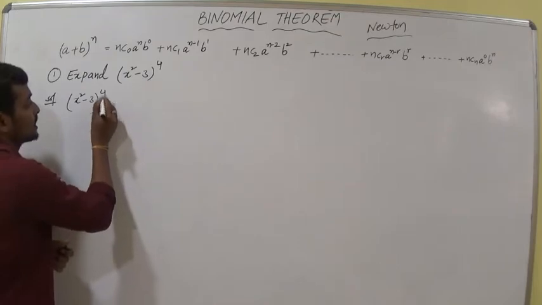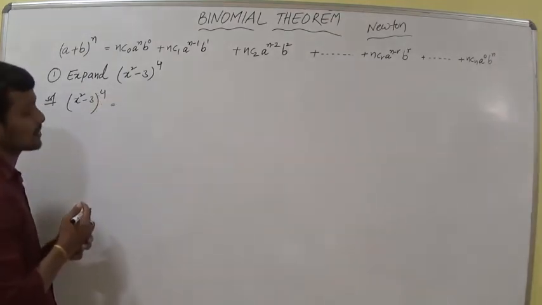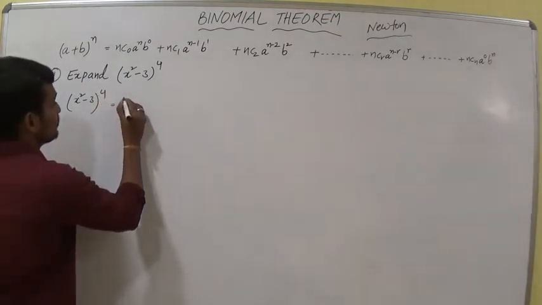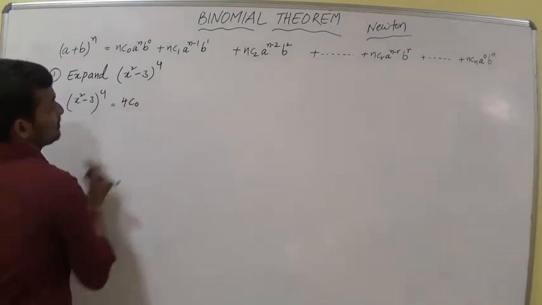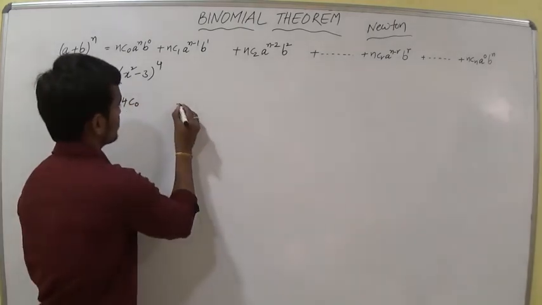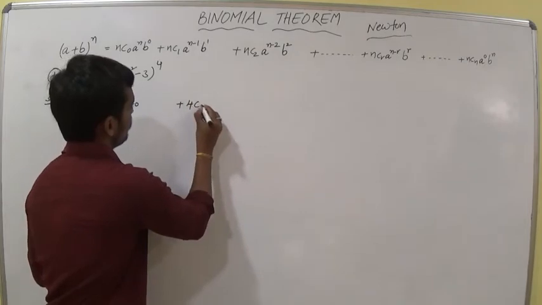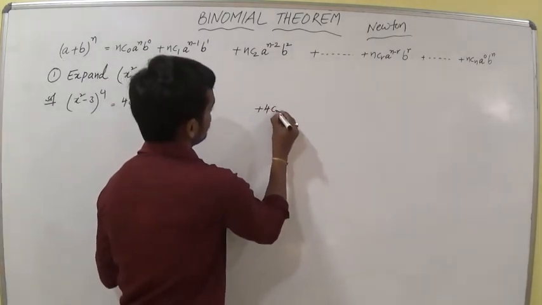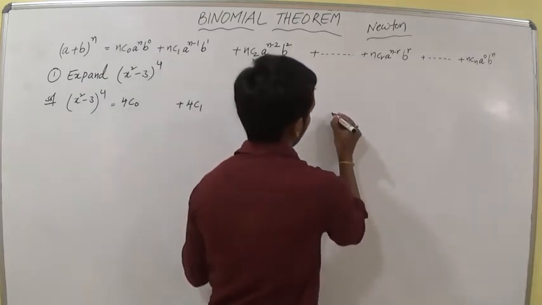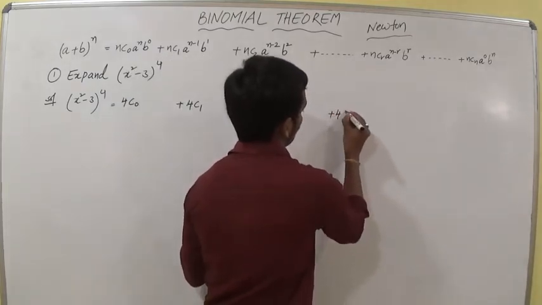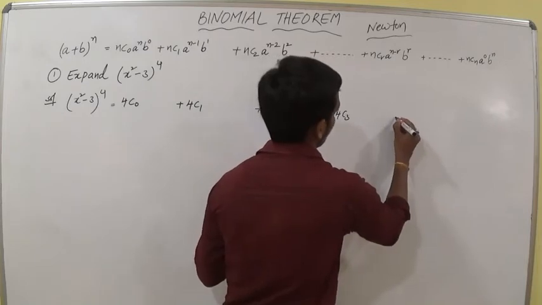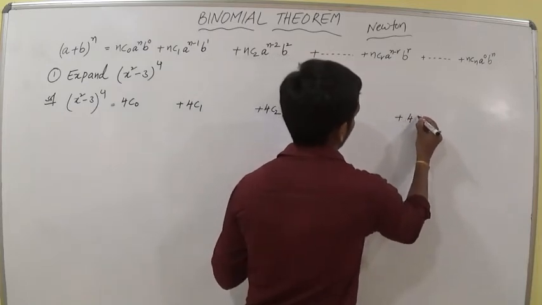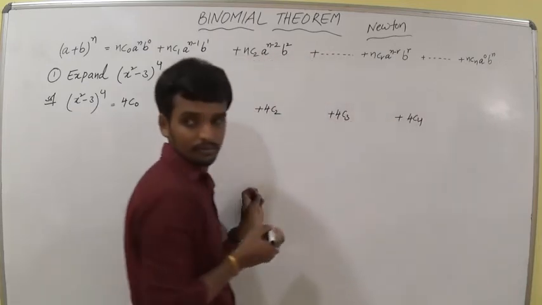What is the exponent of the given expression? 4. Now I am writing 4c0 plus 4c1 plus 4c2 plus 4c3 plus 4c4.